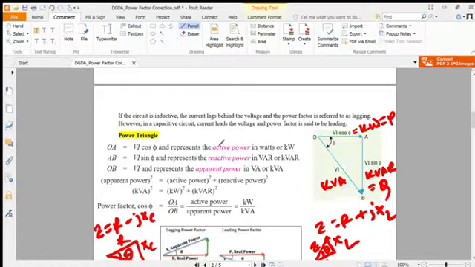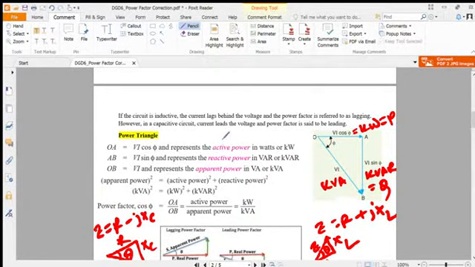Whether the power factor is lagging or leading is denoted by the current, because in our household or any office or building, all the loads are connected in parallel. In parallel, the voltage remains the same, so we take voltage as the reference. What remains is only the current, because power depends on voltage and current. If the voltage remains the same for all the parallel-connected loads, then the nature of the current will vary.